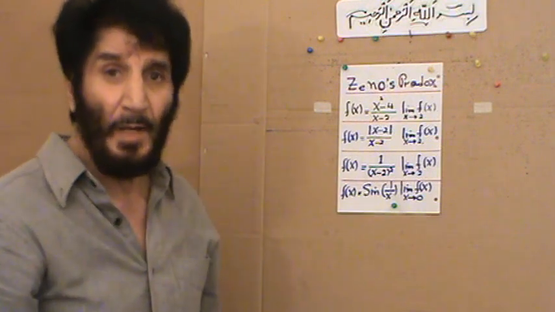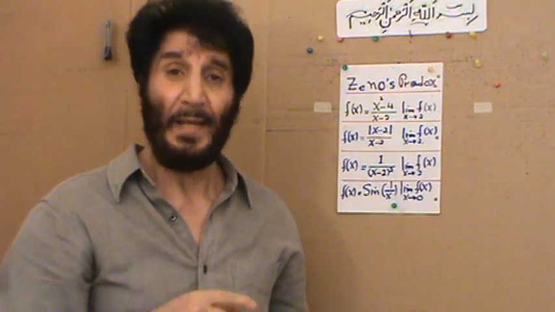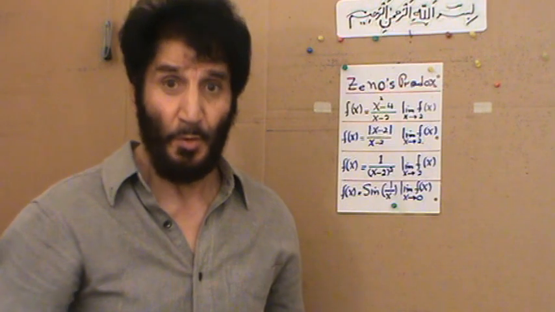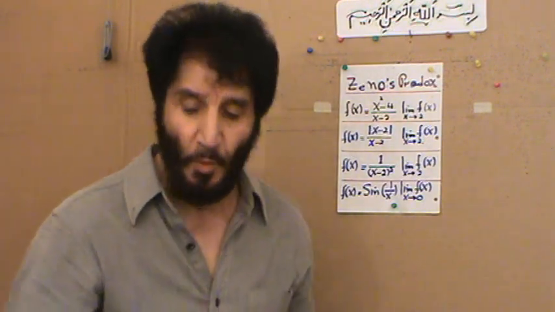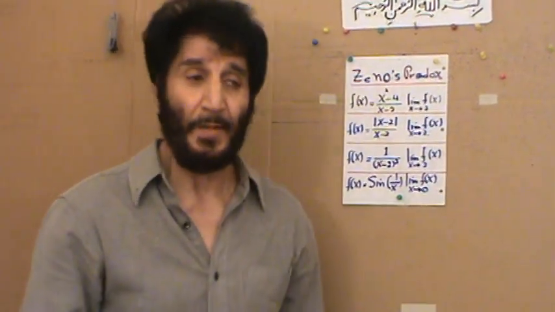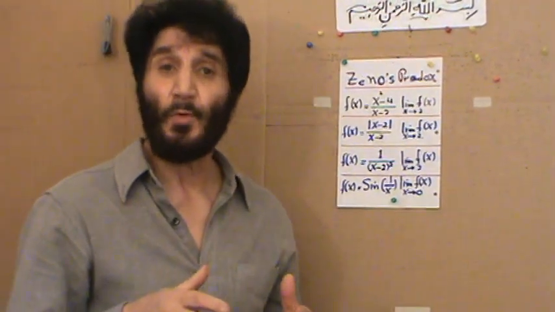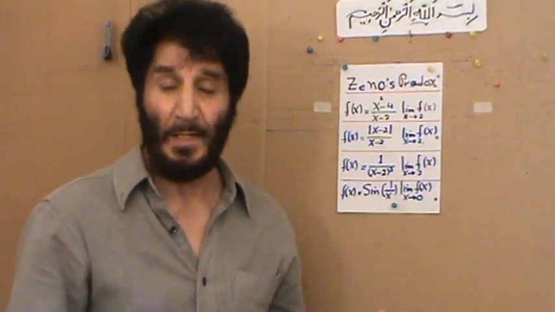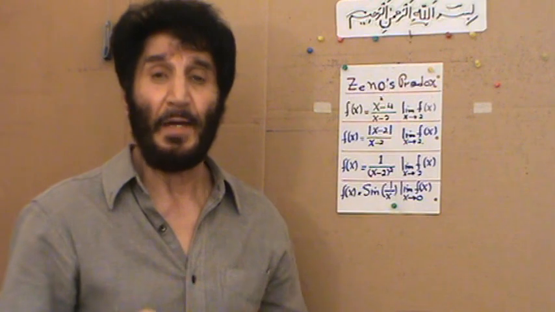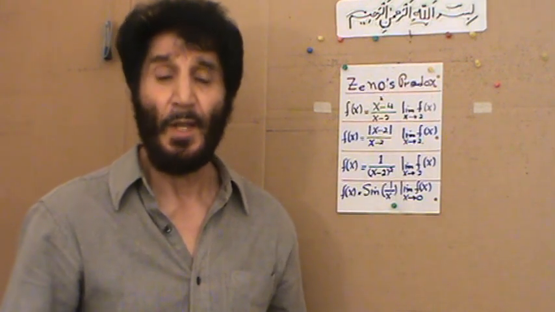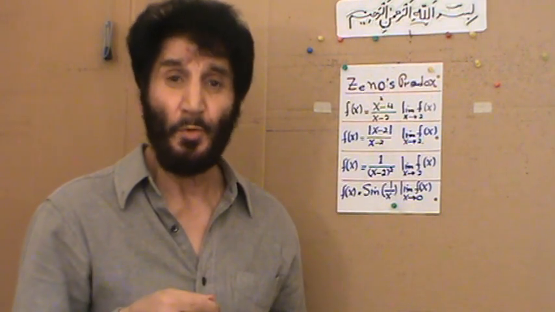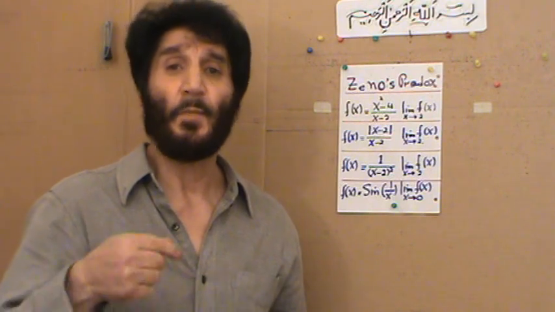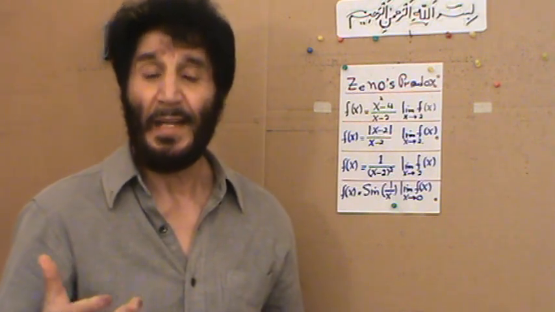1 over (x minus 2) quantity squared, the limit of that as x approaches 2. I selected 2 for all of them so that we can make a good comparison. Now this one, the denominator is always positive, the numerator is positive, therefore we expect the graph to be above the x-axis. But here, as x approaches 2, the value of the function keeps going up. It doesn't give us any real number.